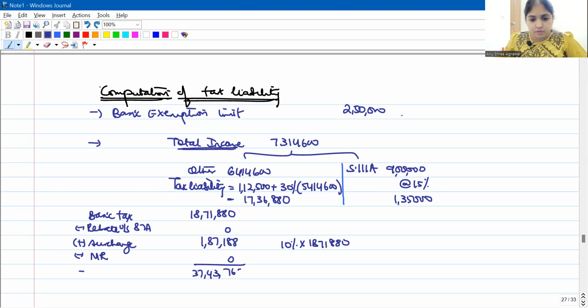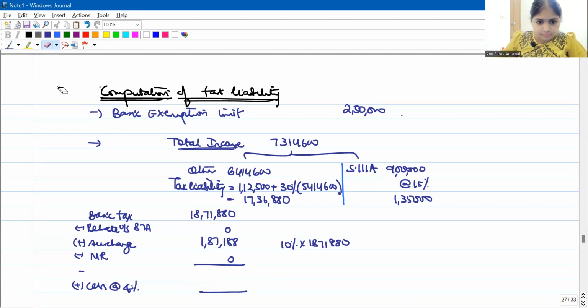37,43,760. We'll straight away add cess at 4%, which is going to be 1,49,750. So the total tax will be... I think I've made a mistake here. 18,71,880 plus 10%.